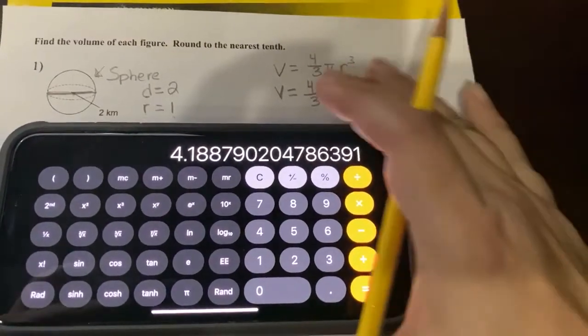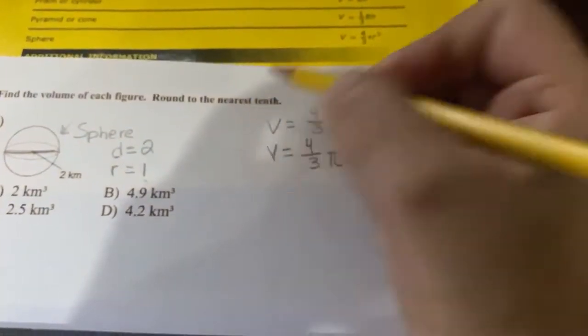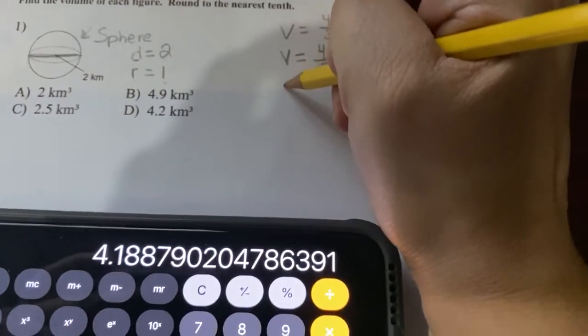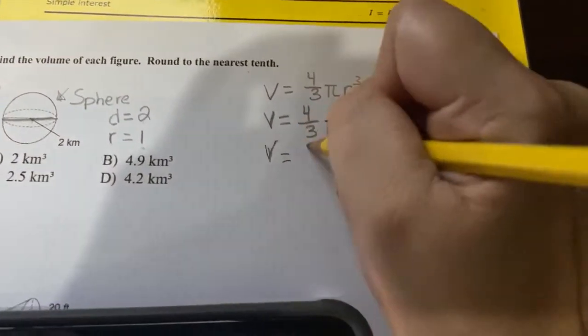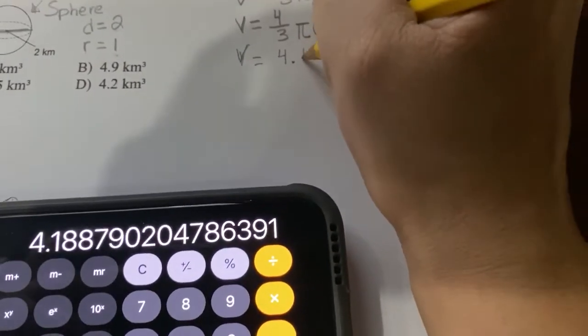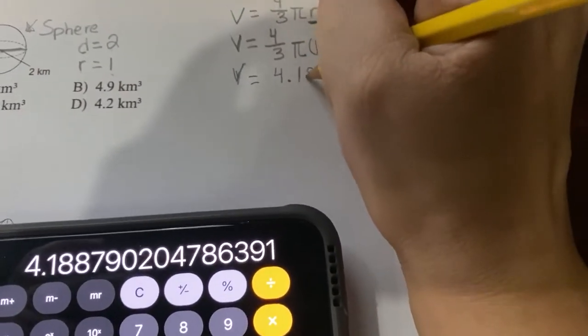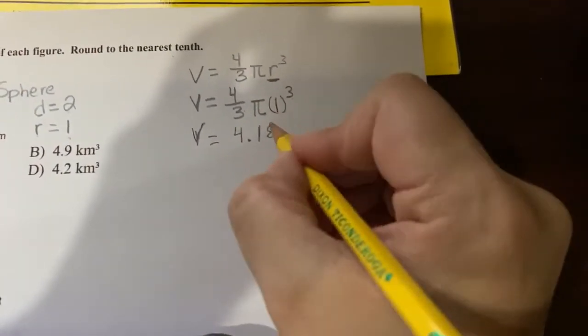Because I'm going to go ahead and round, it says to round to the 10th place, I'm going to go ahead and write down 4.18. I need 2 places written down, that's the hundredths place, in order for me to round to the 10th place.